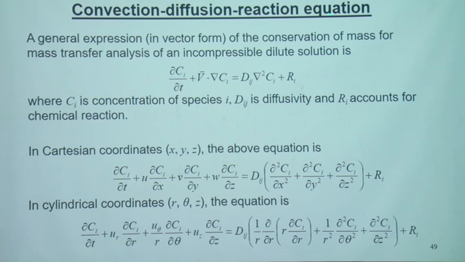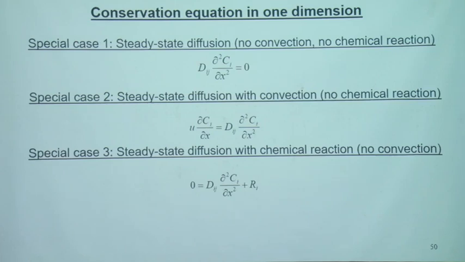If we express this equation in 3D Cartesian coordinates, it is a mathematical equation that we need to solve numerically. You can also express the same equation in cylindrical coordinates if we assume a cylindrical pipe. Again, you can simplify the equation based on understanding of the dominant mass transfer mechanisms.